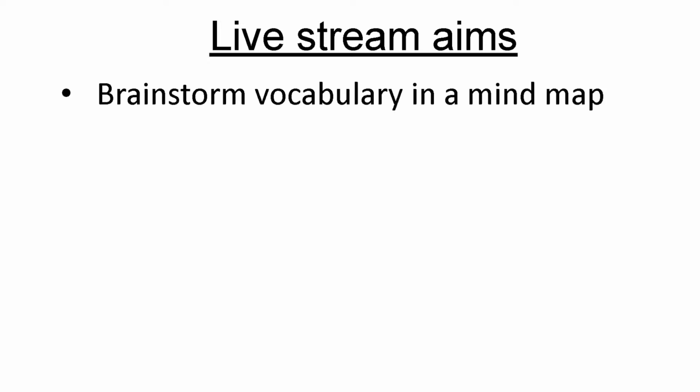Okay, so we are going to talk about the aims of today's live lesson first of all. The first thing we're going to do is talk about how you can improve your vocabulary by brainstorming with mind maps. If you don't know what a mind map is, don't worry, I'm going to explain that a little bit later on, and exactly why this is a good method to improve your vocabulary.